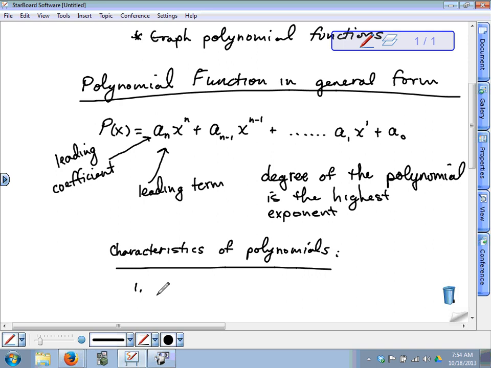First, all exponents are positive. All of the exponents must be positive integers. If you have any rational exponents, meaning fractions, or if you have any negative exponents, it's not considered a polynomial.